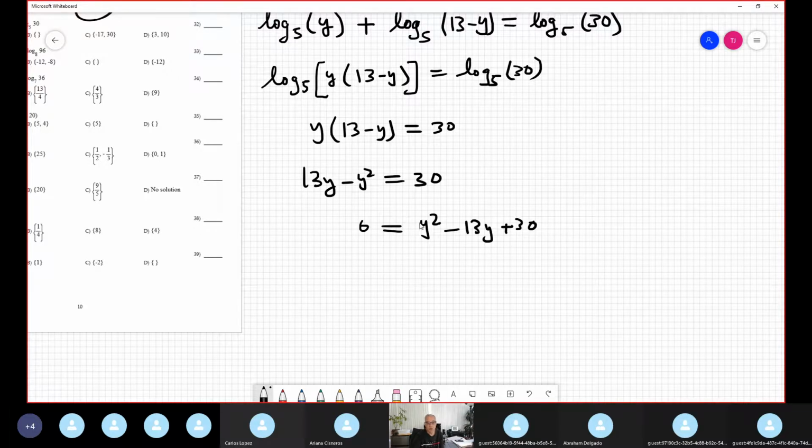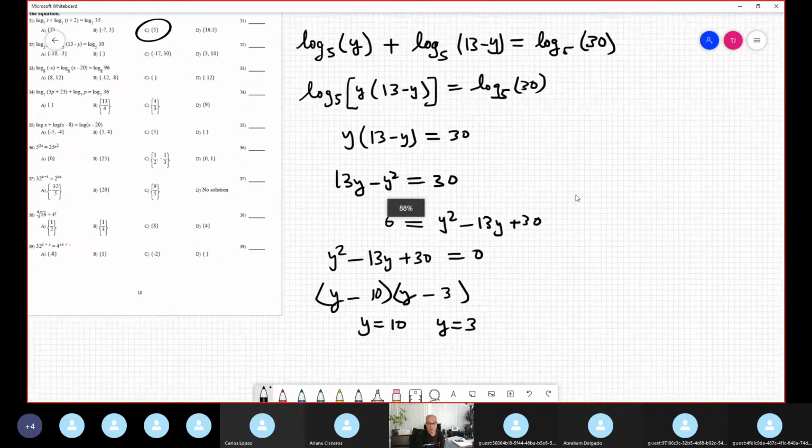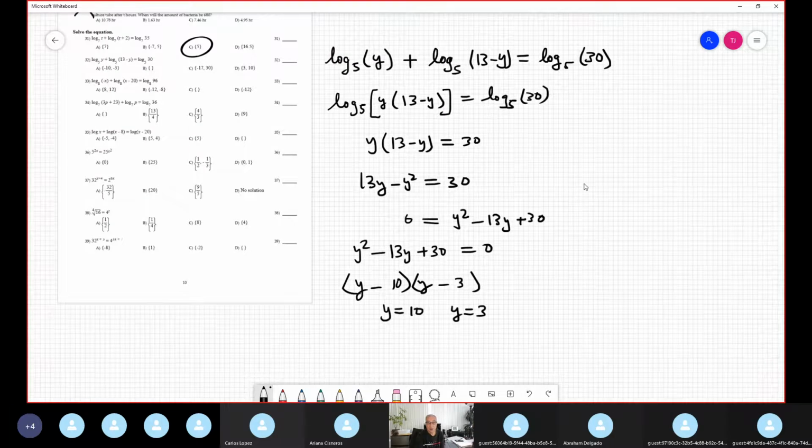This is also easy by factorization because the combination is obvious: 10 and 3. 10 times 3 is 30, 10 plus 3 is 13, negative. So y is 10 and y is 3. But I need to verify these solutions because sometimes they work or they don't work.